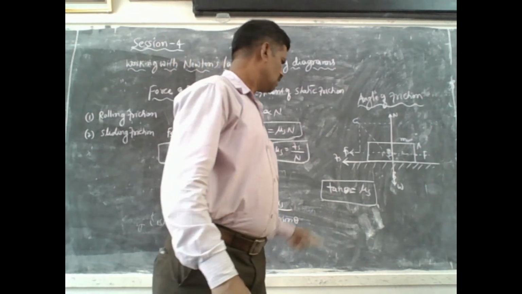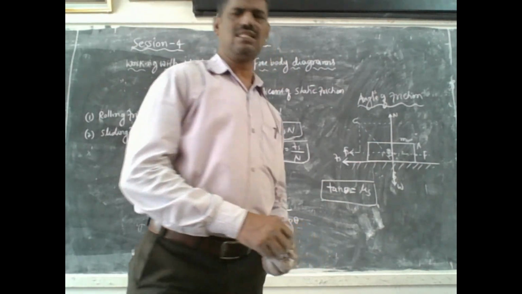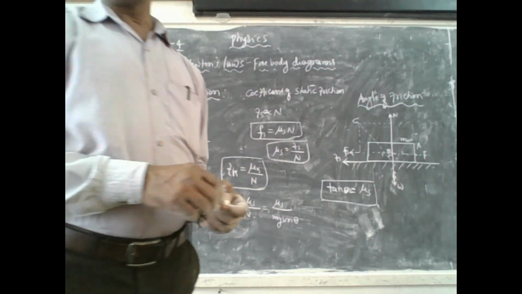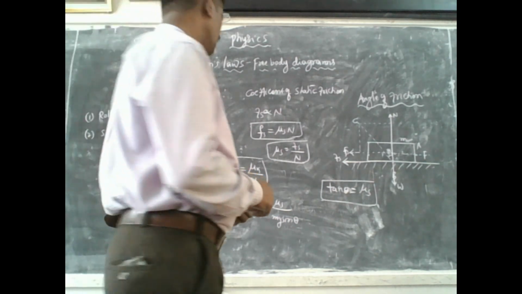So this is the angle of friction. Angle of friction: tan theta is equal to mu s, or tan theta is equal to Fs divided by N.